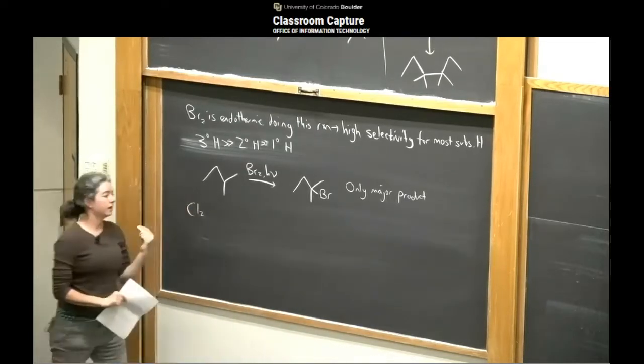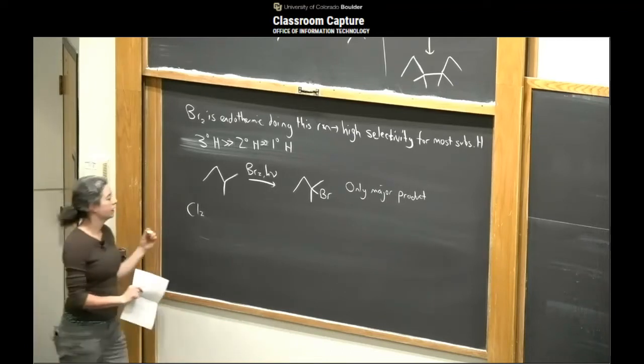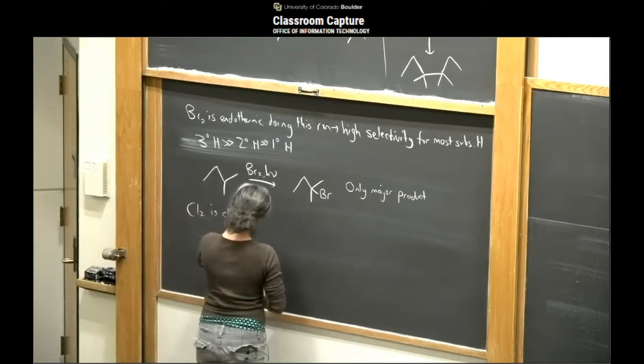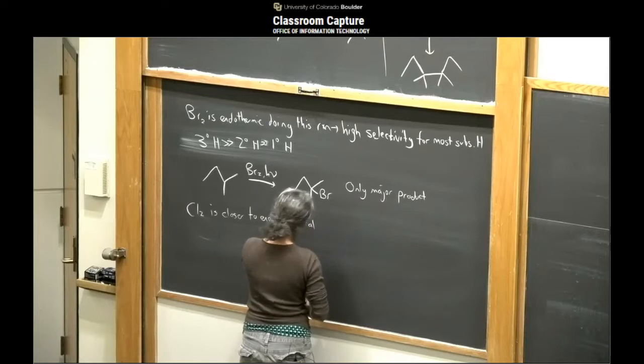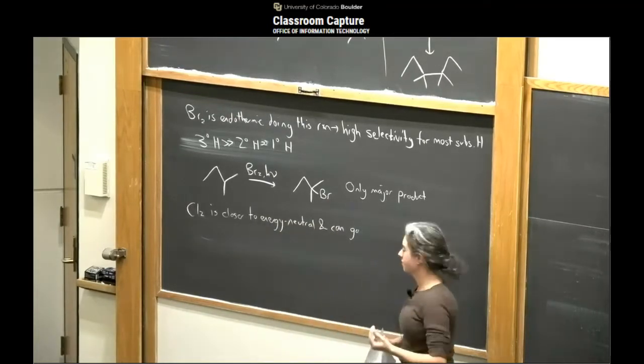chlorine is pretty close to energy neutral. It's still slightly endothermic. And it can pretty much go wherever.